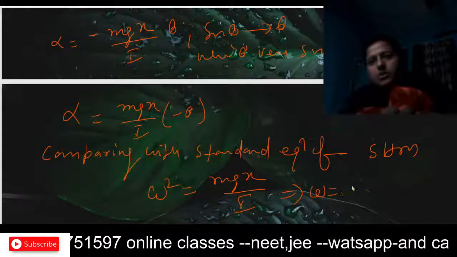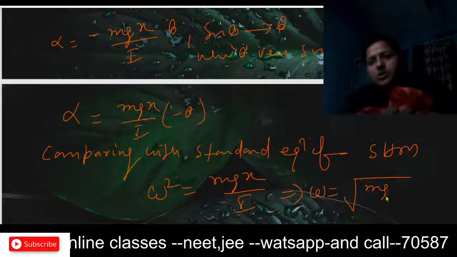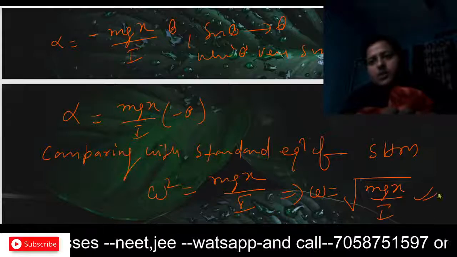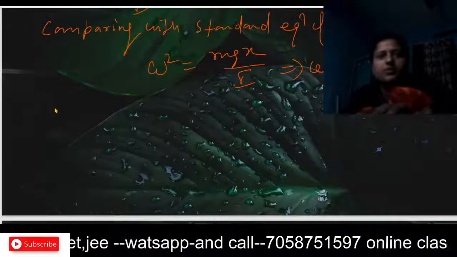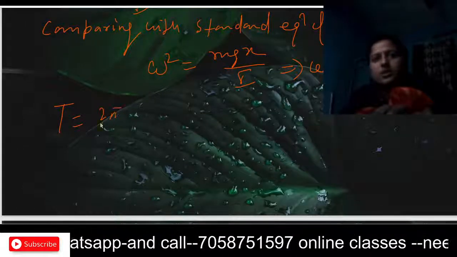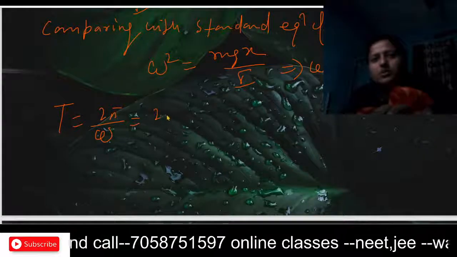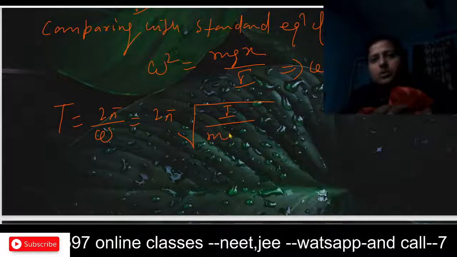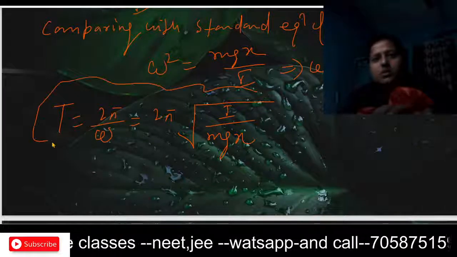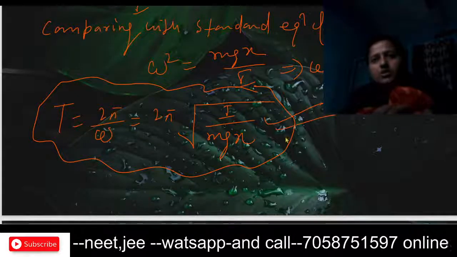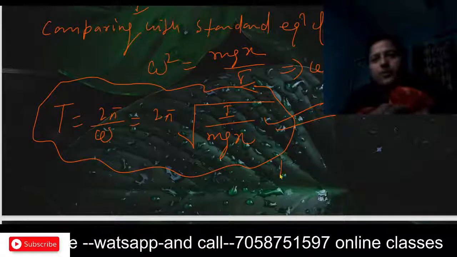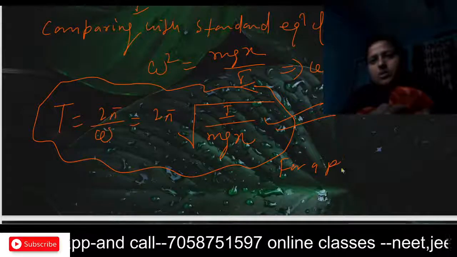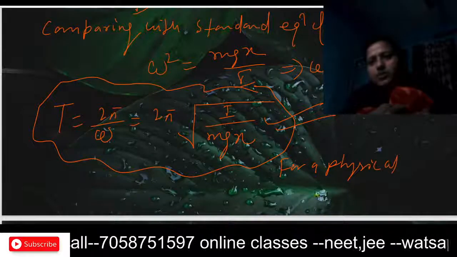So what is omega? Omega is under root mgx over I. So what is time period? Time period is 2 pi over omega. So that comes out to be 2 pi under root I over mgx. So this is the time period for a physical pendulum.